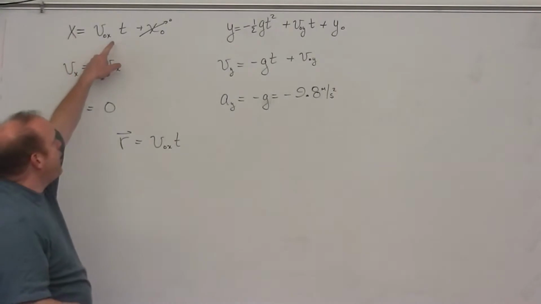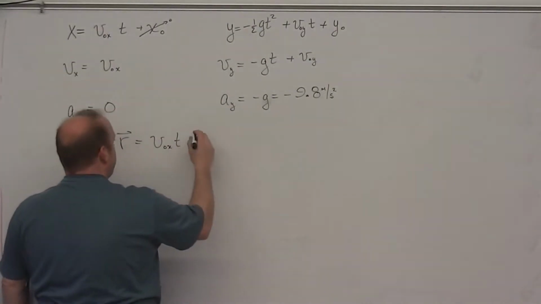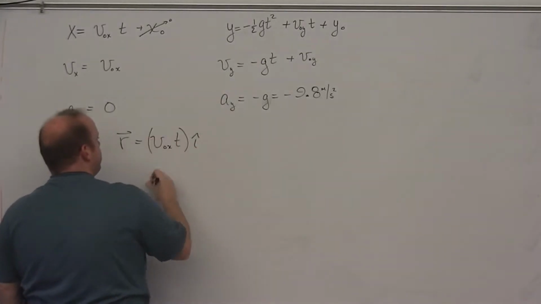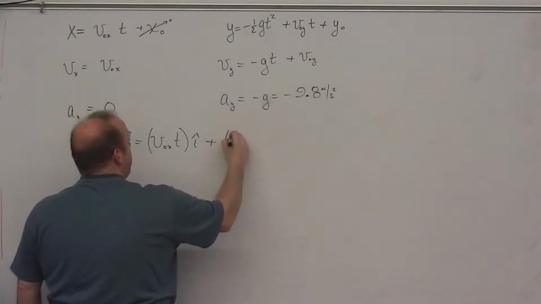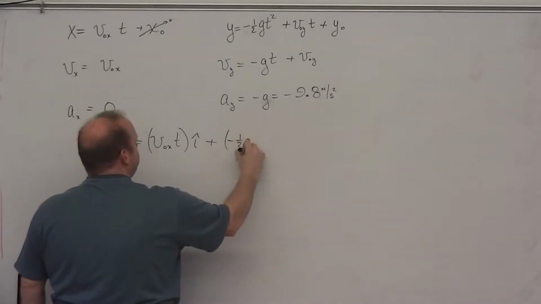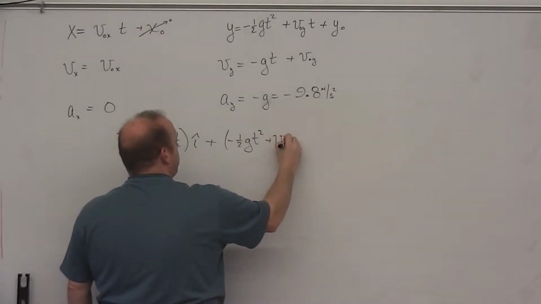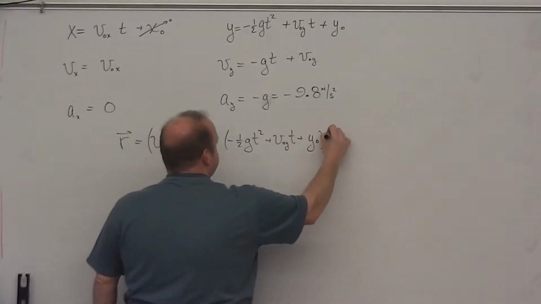At time t equals 0, we almost always set this equal to 0. So that's going to be I hat plus negative 1/2 gt squared plus v0y times time plus y0, and that's going to be j hat.